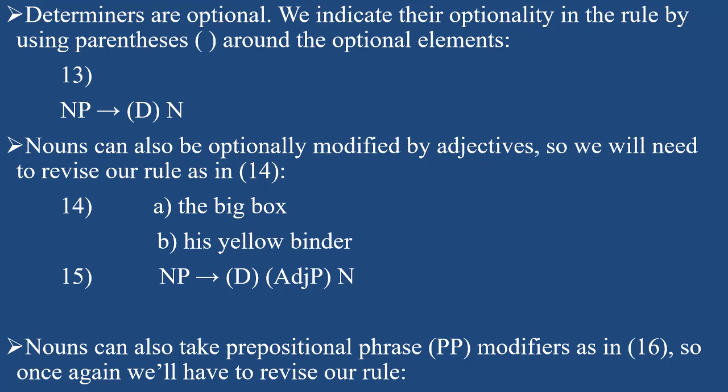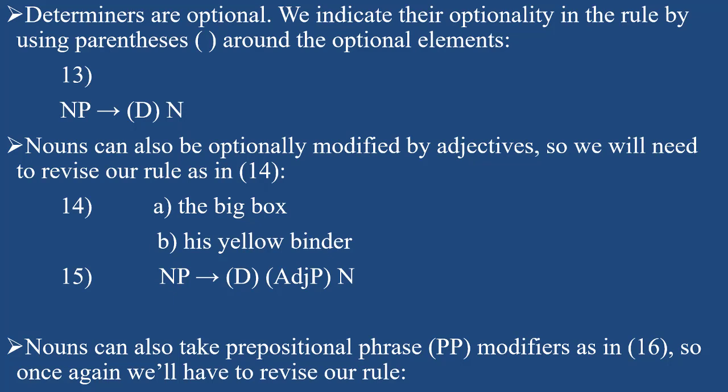Okay, so look at the sentence in 14, or both sentences. The big box. So we have the big, an adjective, and then a noun. His yellow binder. So what do we have here? Here an NP consists of an optional determiner.